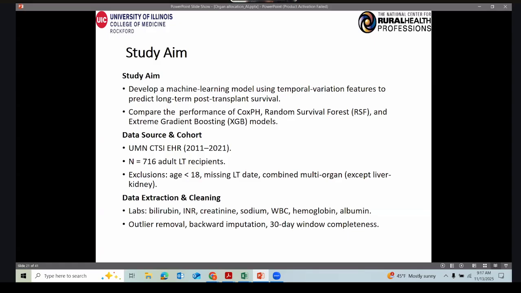This process produced clean longitudinal data that was both clinically meaningful and computationally ready for ML models. The goal was to leverage these time series data to go beyond the static MELD framework and develop more dynamic and accurate survival predictions.